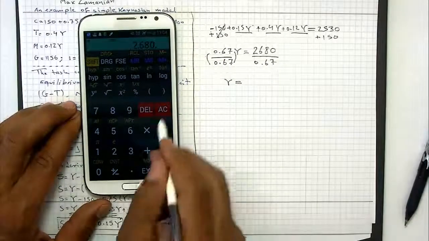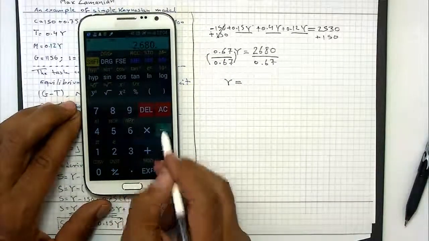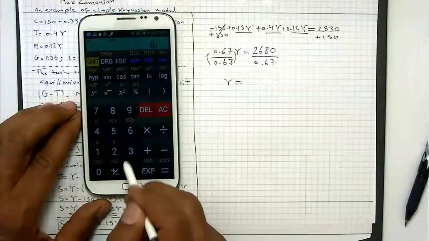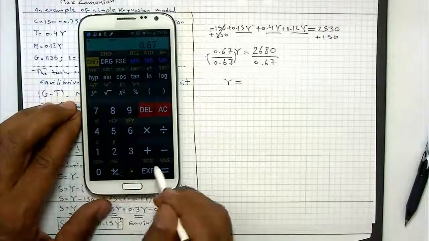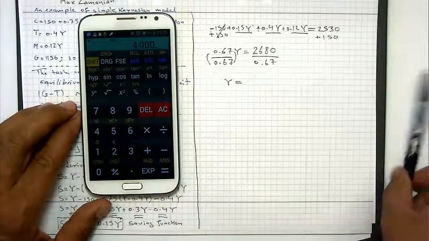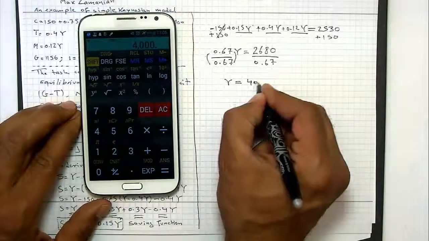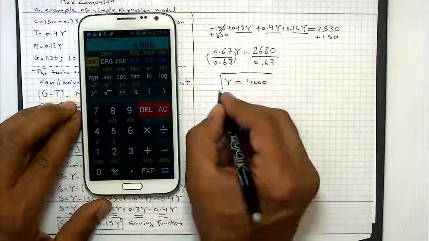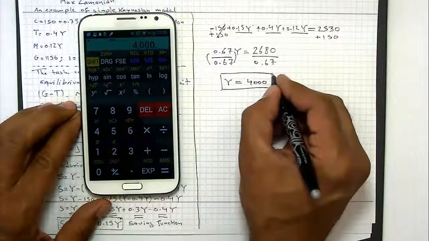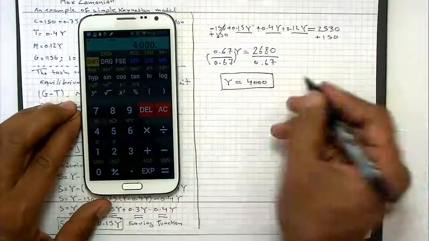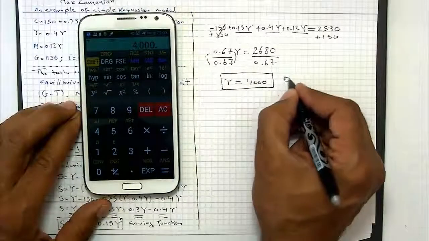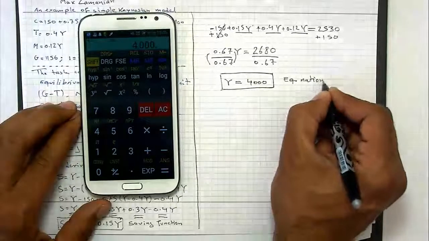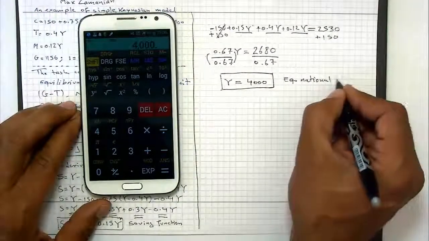And on the right hand side we divide 2680 by 0.67. We'll have 4,000. You can frame it nice and clean. This is equilibrium national output.